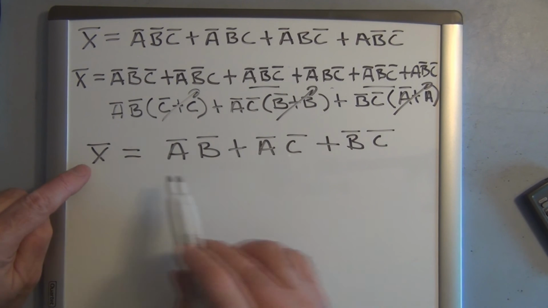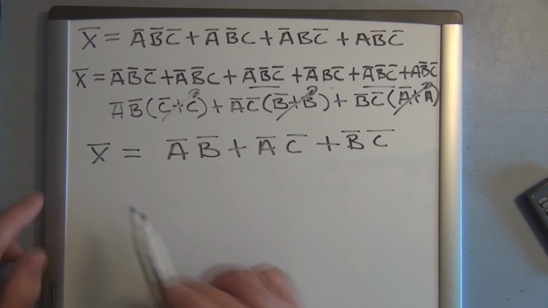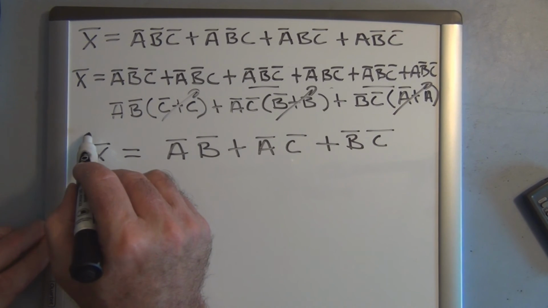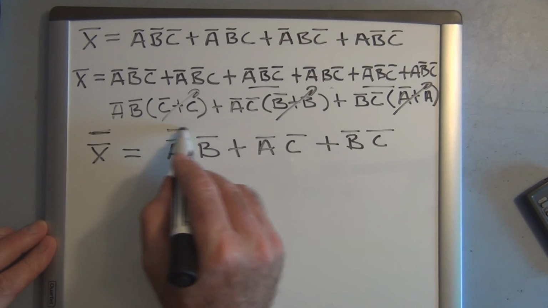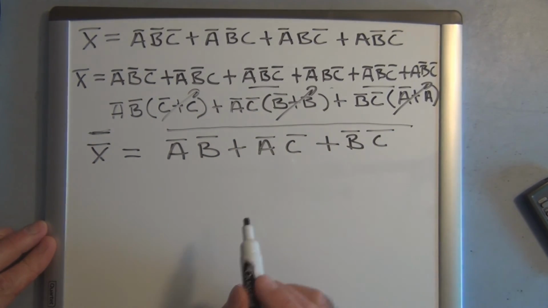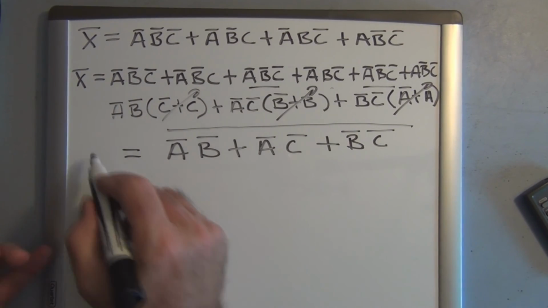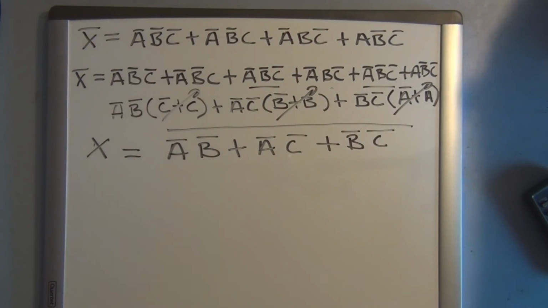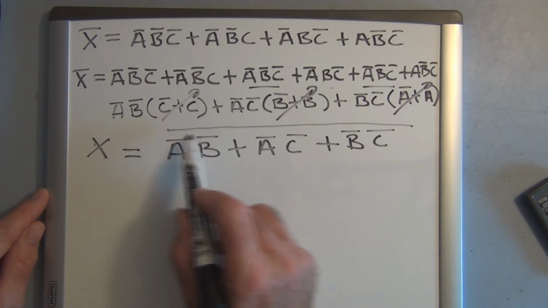And the next thing we want to do is to get rid of this inversion sign. So we want to solve for x and not x naught. So we invert both sides, and that ends up giving us this equal to x. So now we have to break up this long inverter sign.